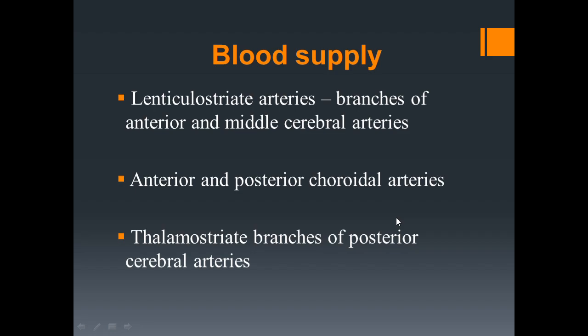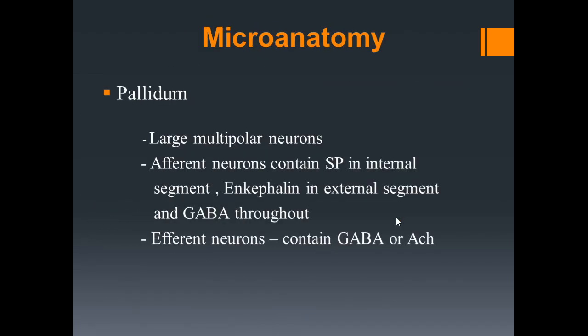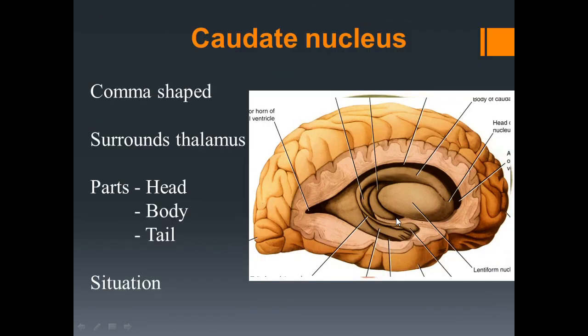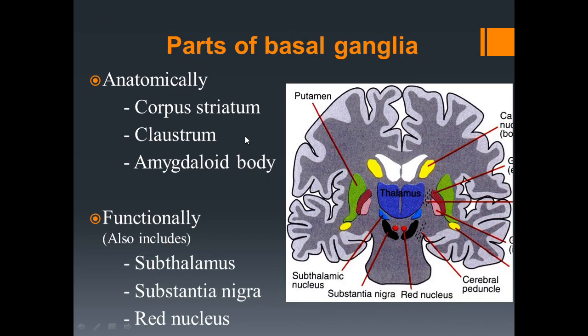So we have seen the basal ganglia. Anatomically, it consists of three parts: the corpus striatum, the claustrum, and the amygdaloid body.